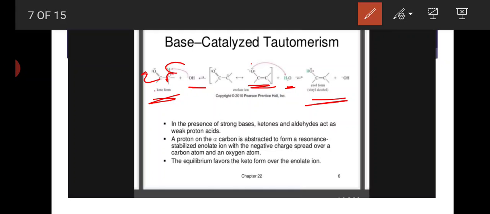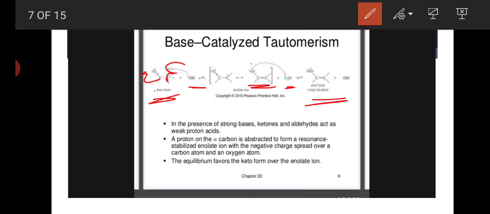In the presence of strong bases, ketones and aldehydes act as weak proton acids. A proton on the alpha carbon is abstracted to form a resonance stabilized enolate ion with a negative charge spread over a carbon atom and an oxygen atom.